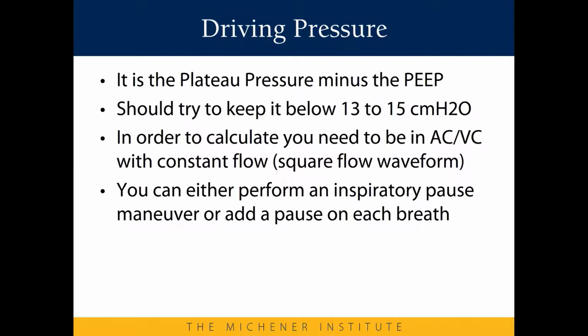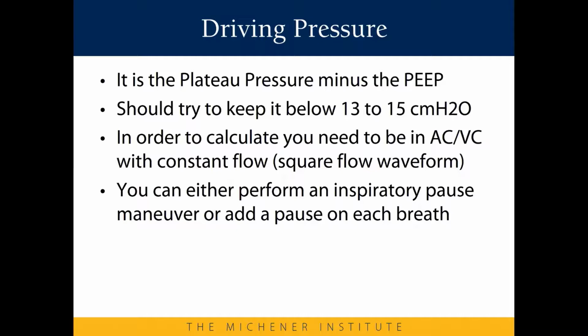You don't want to make your plateau pressure too long because you can get an artificially low number. So we're going to take the plateau pressure, which is reflective of the pressure being measured at the alveoli at the end of inspiration, and we're going to subtract the PEEP that we're using. And so that change in pressure between PEEP and our plateau is what we call our driving pressure.